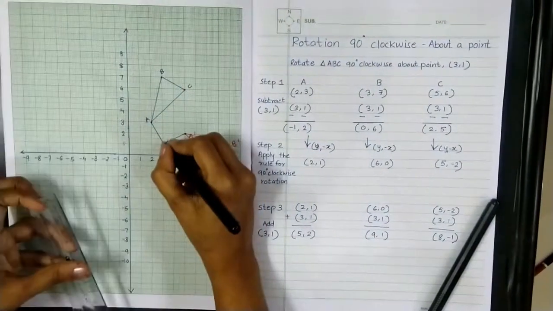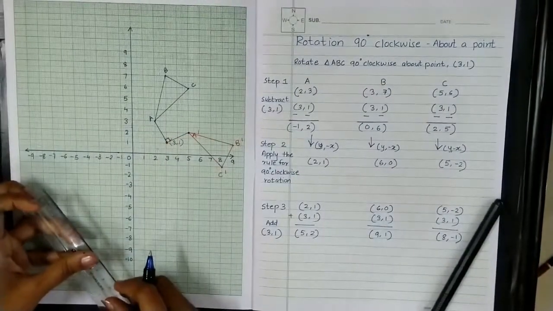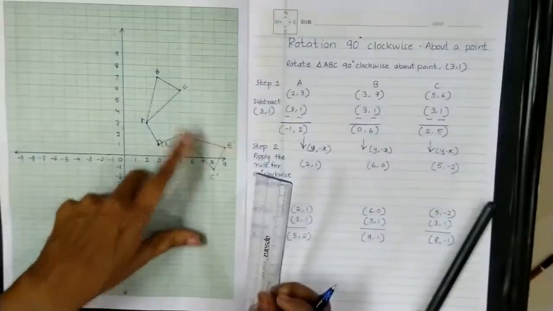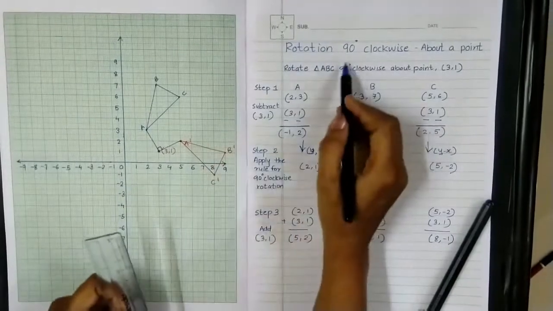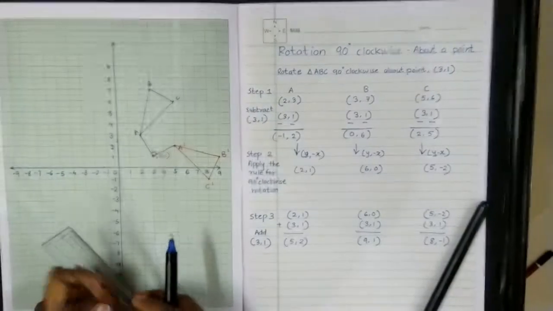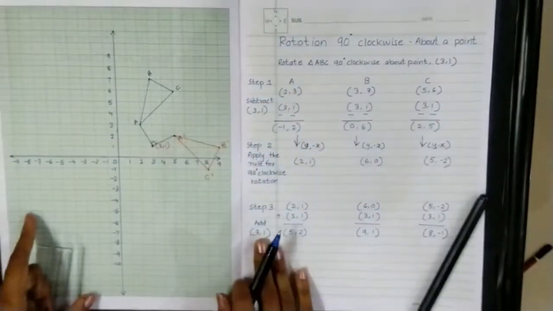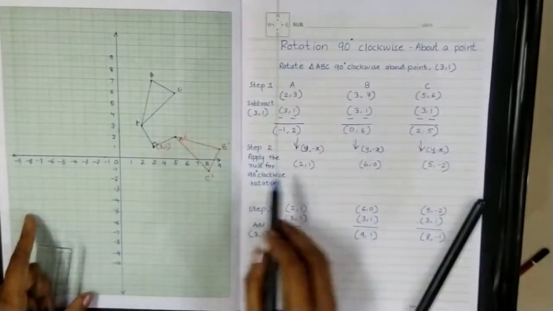You will see a 90-degree angle formed over here at (3, 1) when you join points A, A dash. This indicates that you have flipped this point with 90-degree clockwise rotation through point (3, 1). You can use the 3 steps to rotate any given figure about any given point.